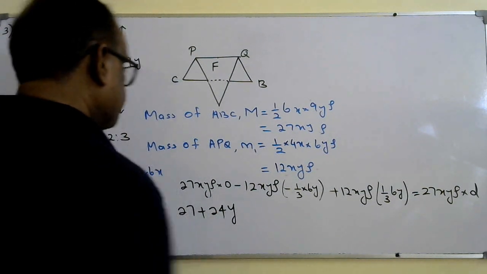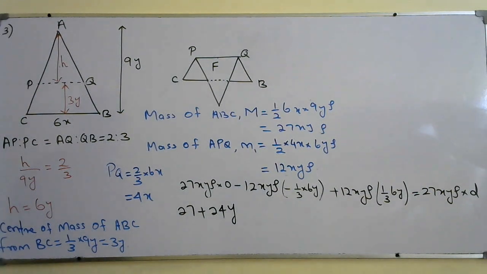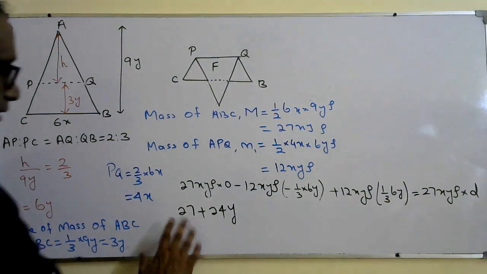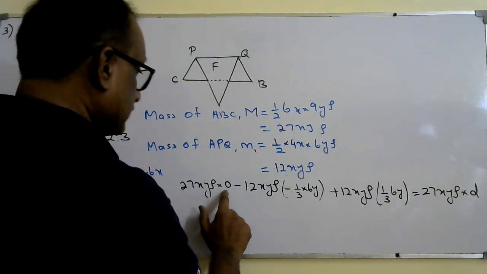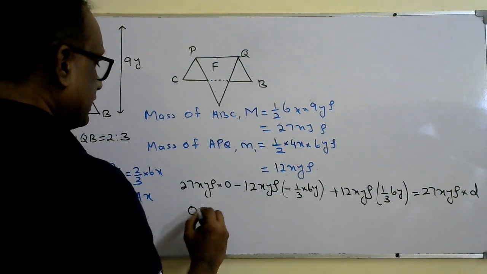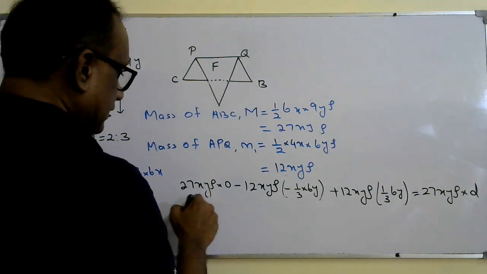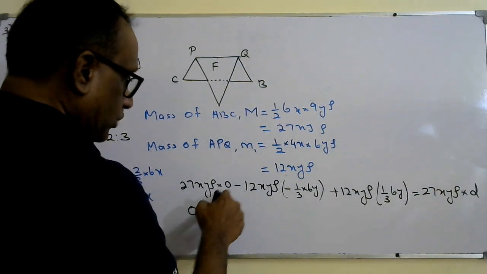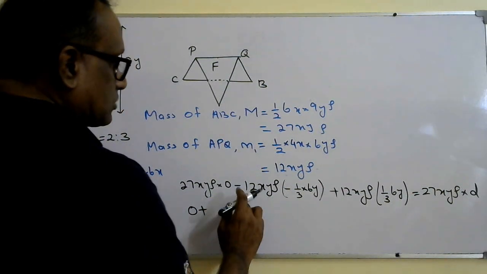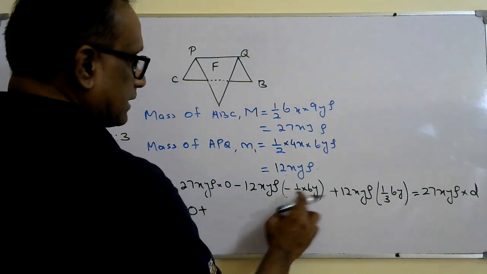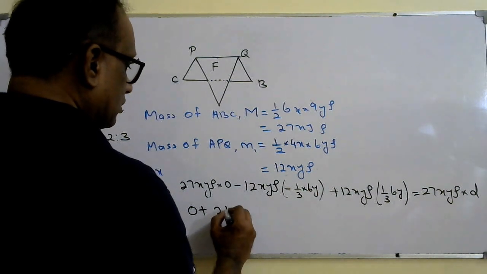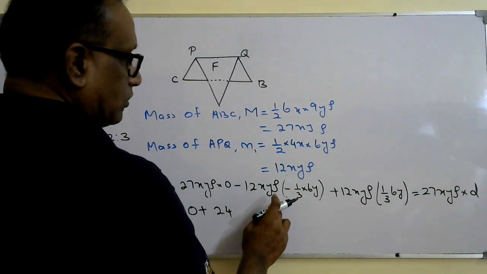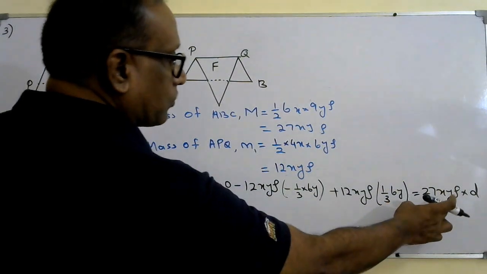y, yeah, 24y. Here, sorry, xy is 0, this is going to be 0 plus 27 xy rho into 0, so that is 0. So this is minus into minus plus 2, 24 xy rho, we can cancel xy rho everywhere.